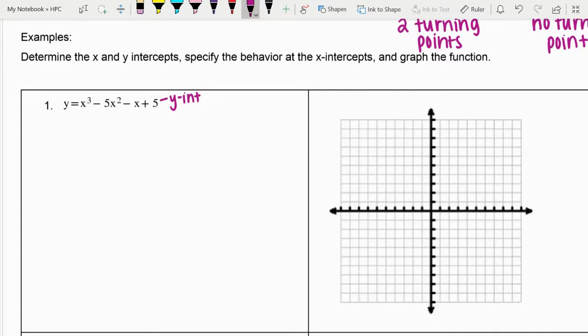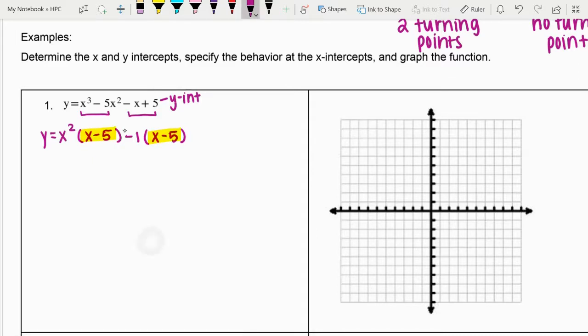Okay, but to solve this one, we are actually going to factor by grouping. So I'm going to have y equals x squared times (x minus 5), and then minus 1 times (x minus 5). Okay, so remember when you factor by grouping, we want to have the exact same binomial twice.